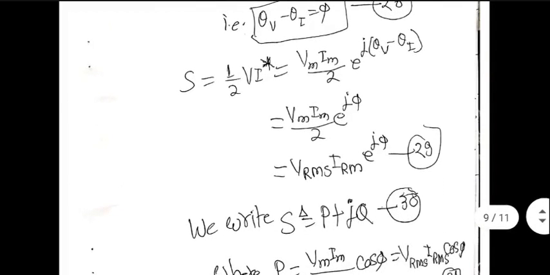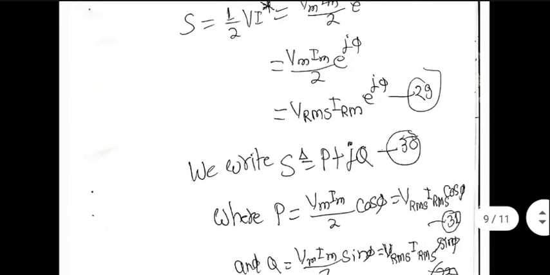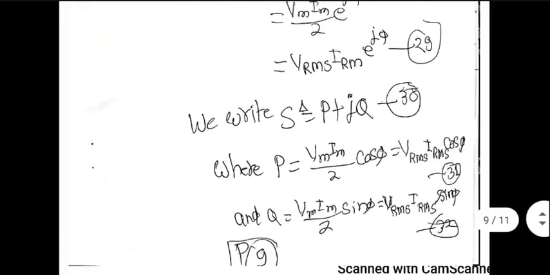If I decide to write the complex power as P plus jQ, I would get P equal to Vrms Irms cos phi and Q equal to Vrms Irms sin phi, which can also be written as Vm Im by 2 in both cases.